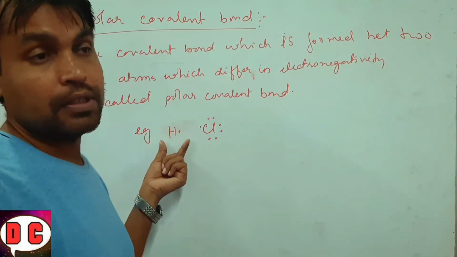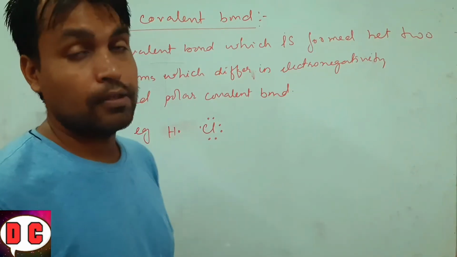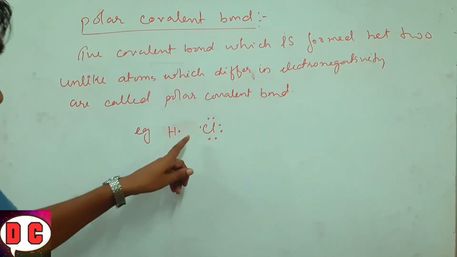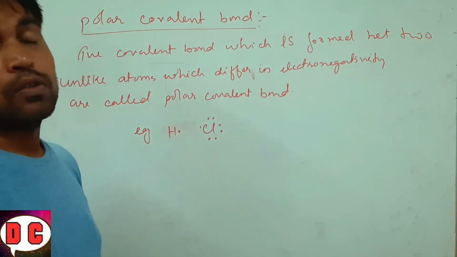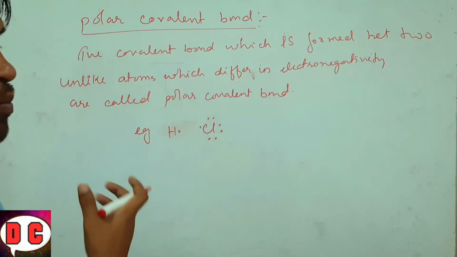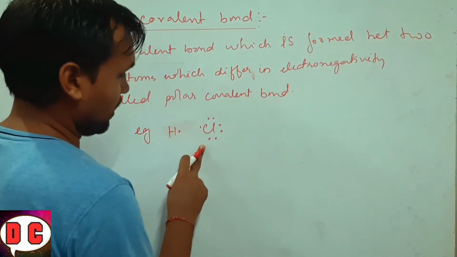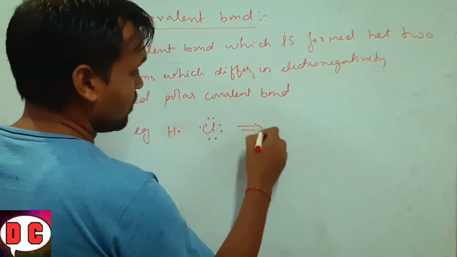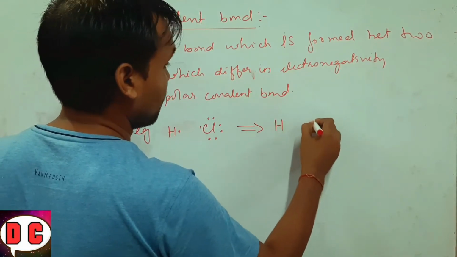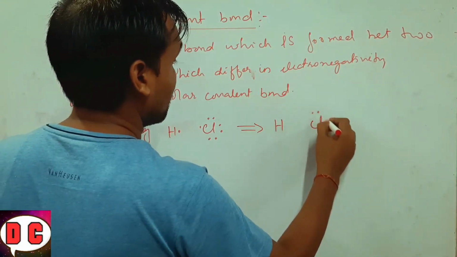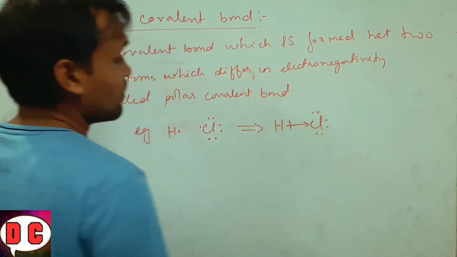Hydrogen's electronegativity, meaning its capability to attract electrons, is very low, whereas the electronegativity of chlorine is very high to pull the electrons. So the bond which they will form between them, we will call a polar covalent bond. And we represent a polar covalent bond in this way. Got it?